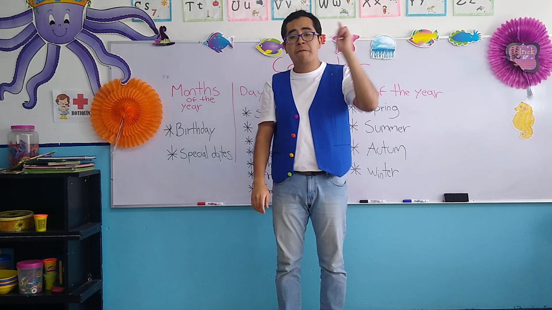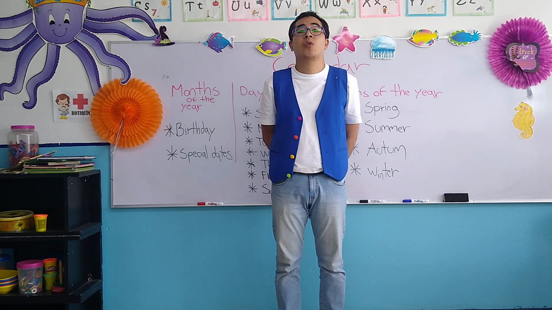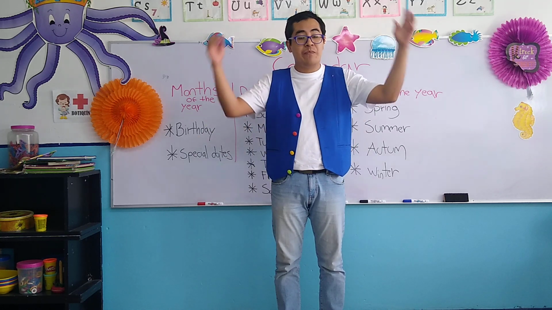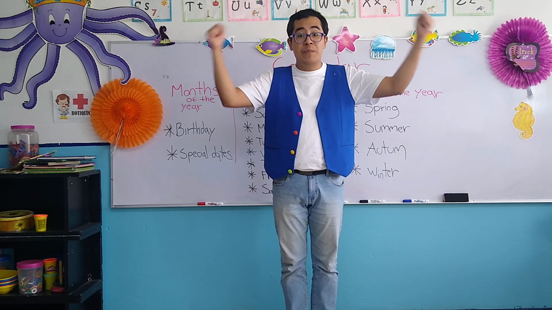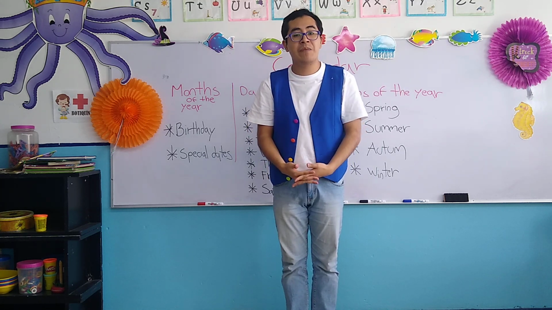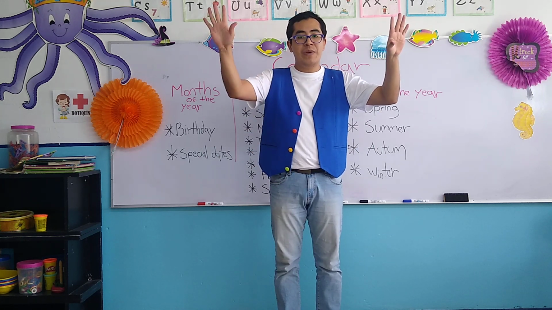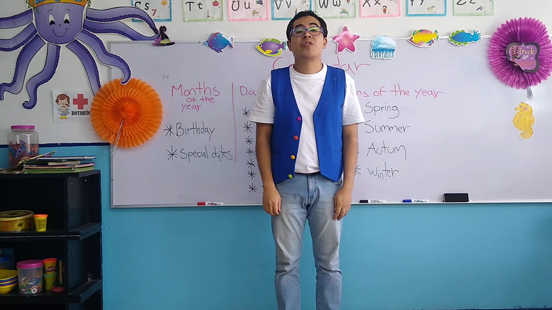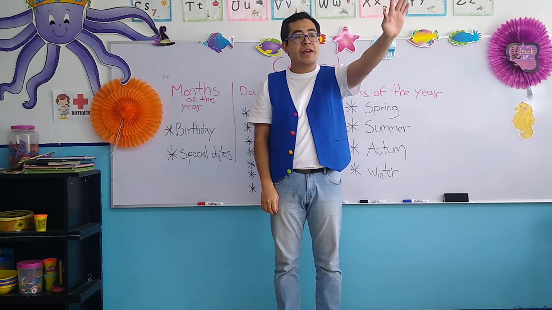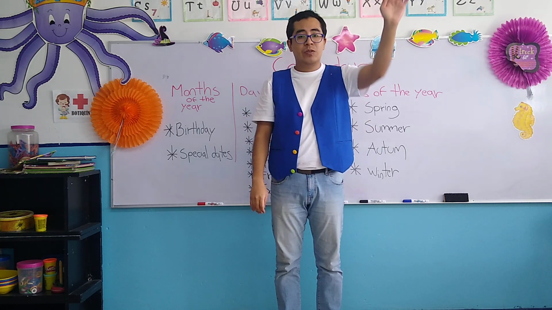Now, days of the week. Let's start. The first day of the week is called Sunday. And Sunday, it's a very important and a very happy day because that's the day that we rest. Es un día donde descansamos. Sunday, domingo. Then we start with days of work. Empezamos con días de trabajo. Monday, lunes.